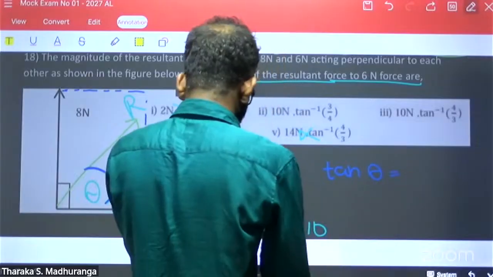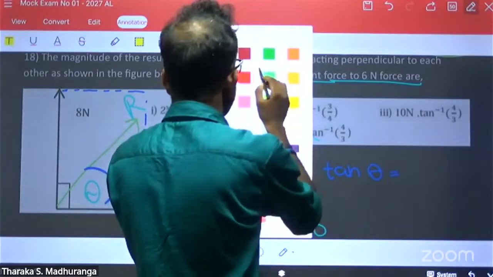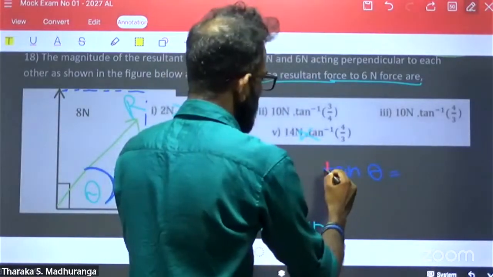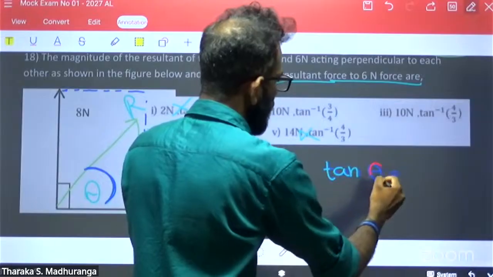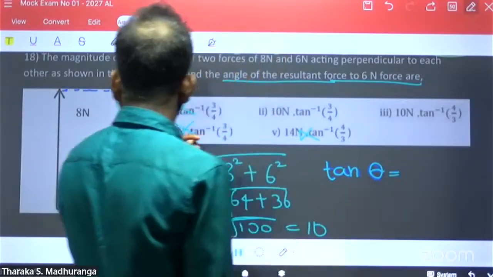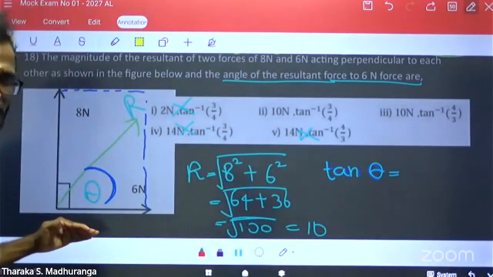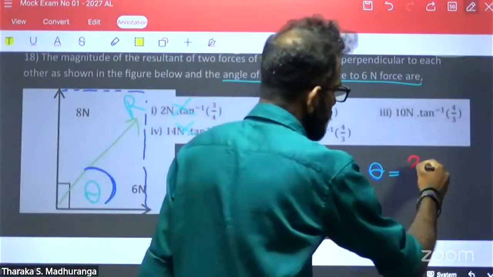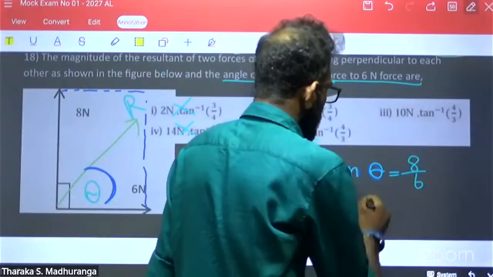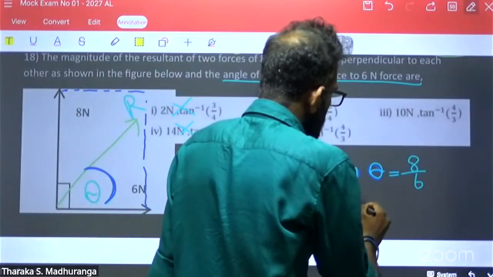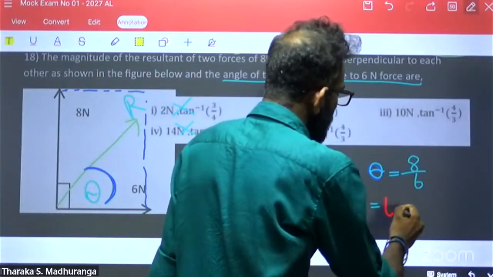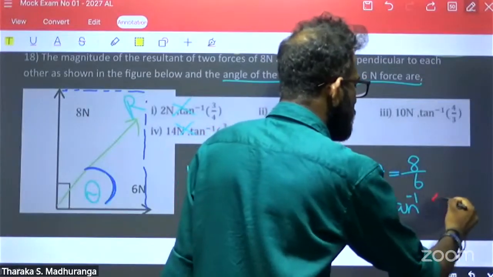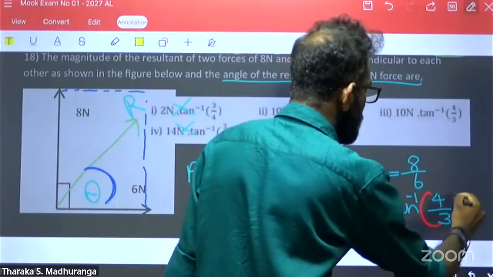Tan theta equals, I will change the color. Tan theta equals opposite over adjacent. Adjacent is 6, and opposite is 8. Then theta equals tan inverse of 8 over 6, which means 4 over 3.